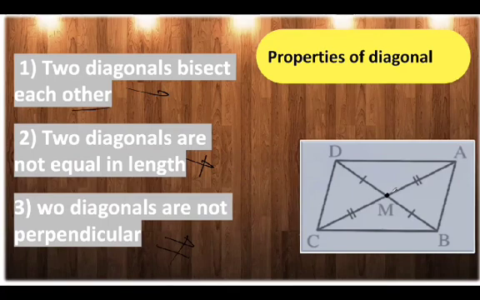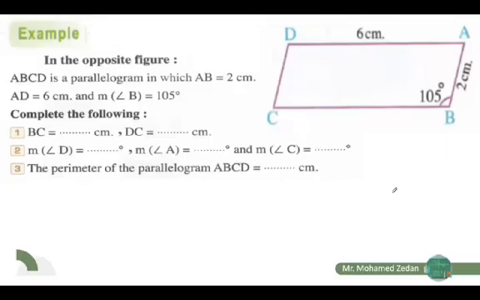Okay, then let's take some exercises. Example number 1. In the opposite figure, ABCD is a parallelogram in which AB equals 2 centimeters. Then CD, the opposite side, equals 2 centimeters. Excellent. Each opposite side is equal. It's the first property.